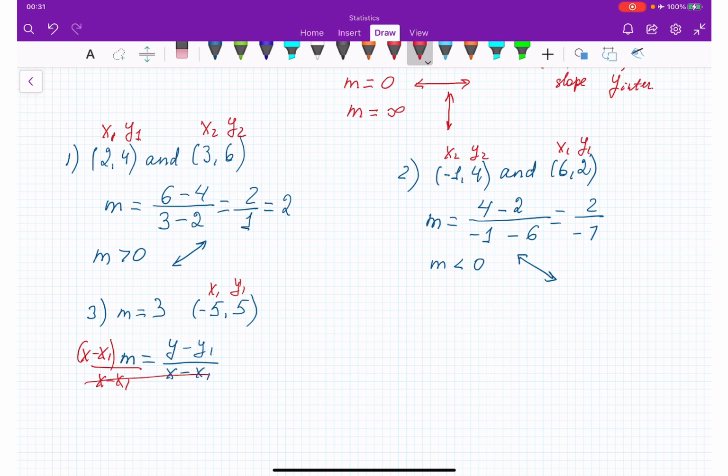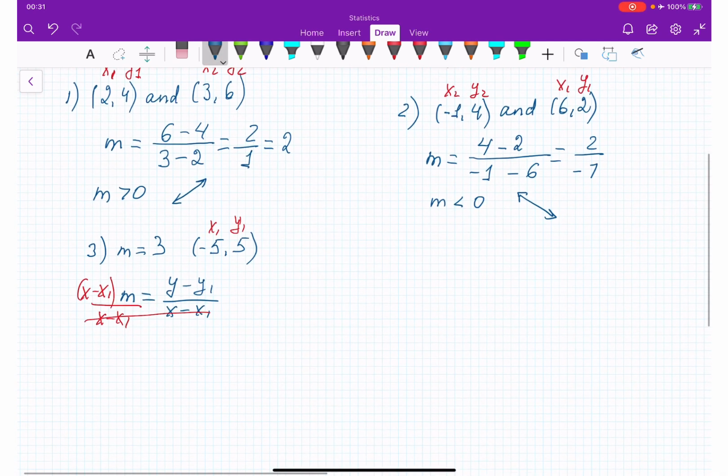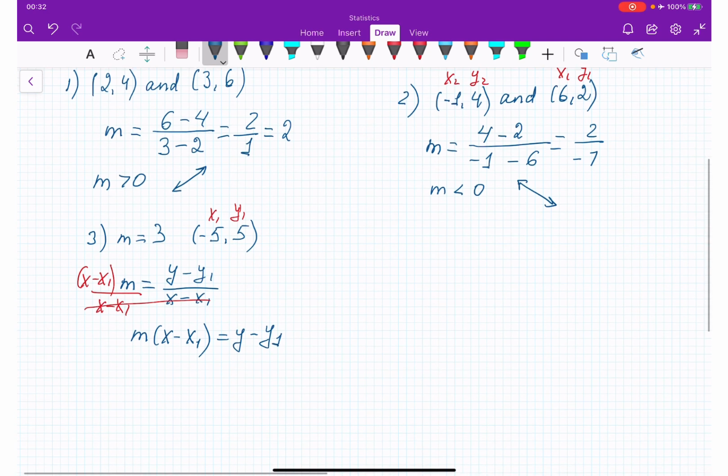I drop this, and as a result, I'm going to get m times x minus x1 equals y minus y1. And this is an important formula I'm going to work with every single time I am given a slope and one point. Okay?